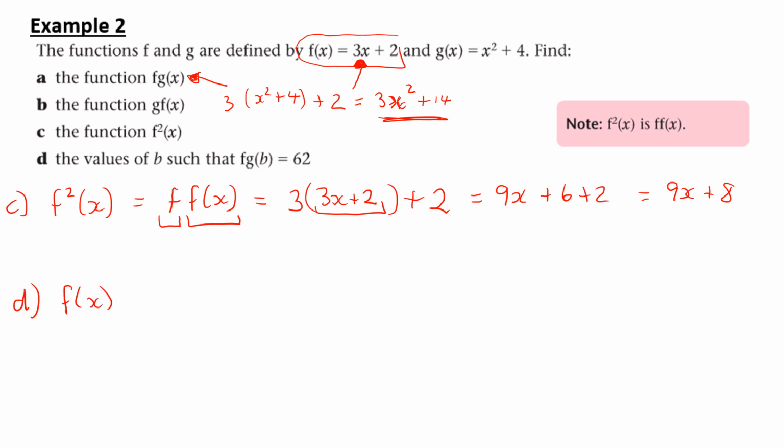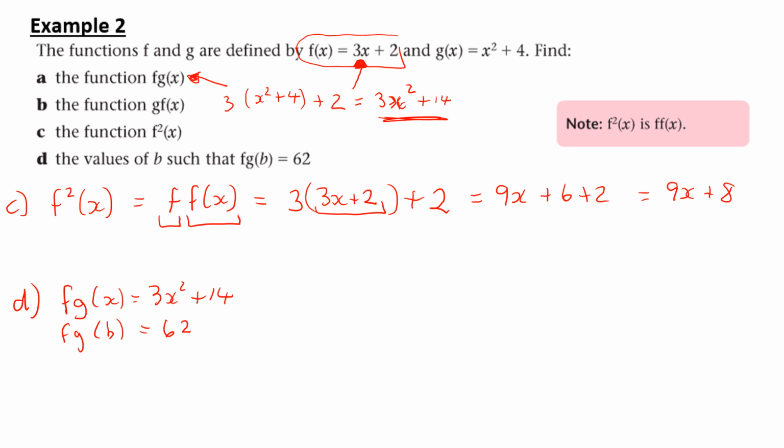Oh, that's wrong. Let's try again. fg of x equals 3x squared add 14. So that's just using my answer from earlier on. Now in this question it says fg of b has to equal 62.